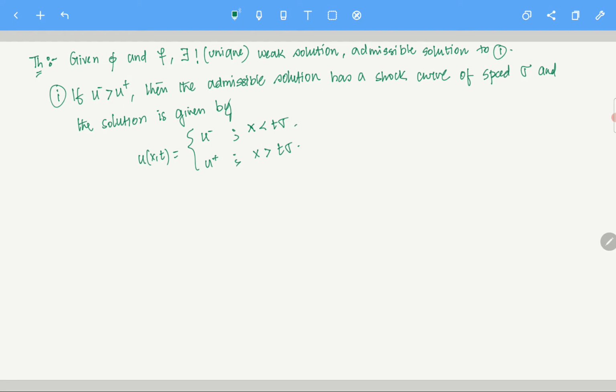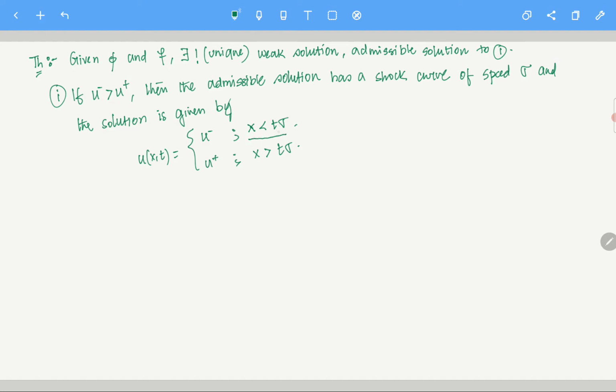Now, don't get confused here. I am just writing down what we have learned; we looked at two different examples in the other video. Whatever we have learned from that, we are taking intuition from there and writing down the theorem. We will, of course, prove this. So basically what it is saying is for x less than t sigma.